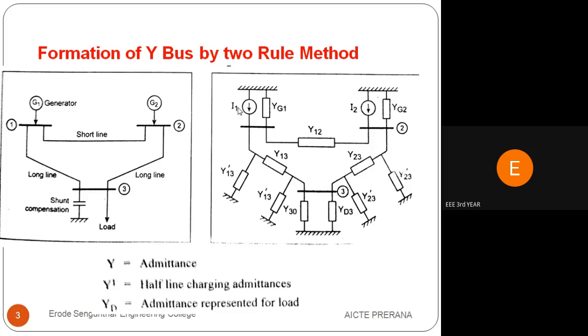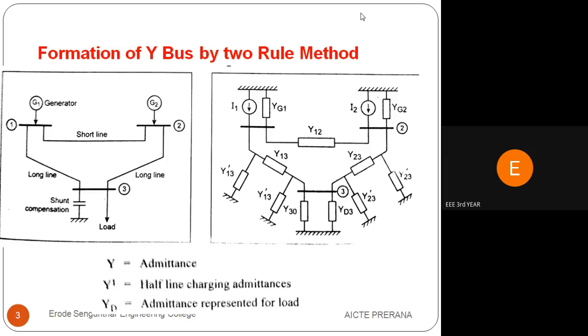In the second bus also we are doing the same, that is, we are connecting I2 with YG2. And we want to connect the first bus with the second bus with an admittance, so all the elements should have admittance. For connecting bus number 1 and 2, we are connecting an admittance value Y12.